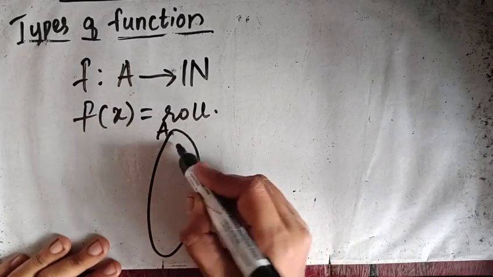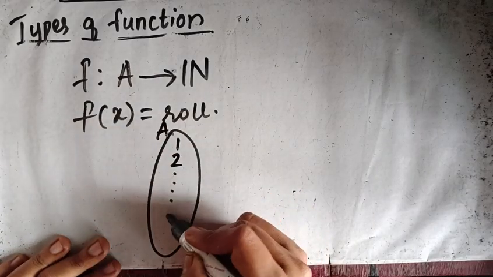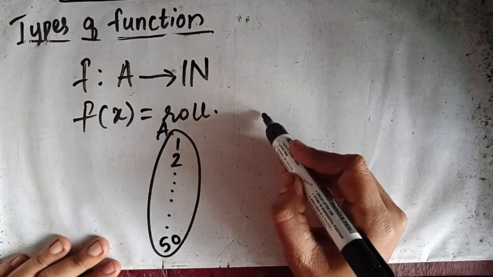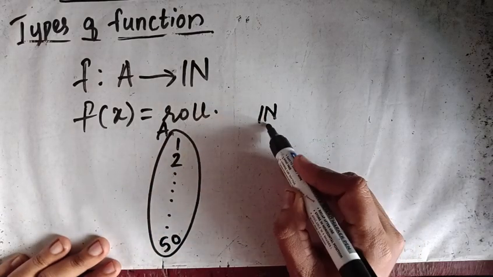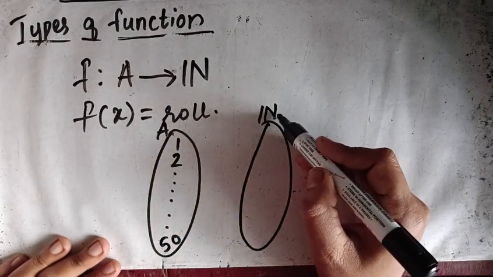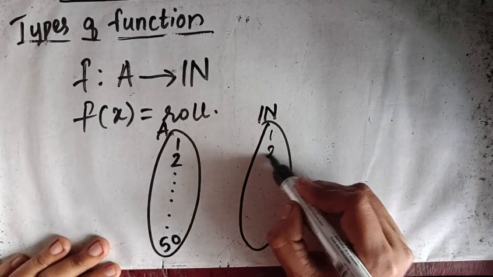So this A set has 50 elements and the Y set is our set of natural numbers.